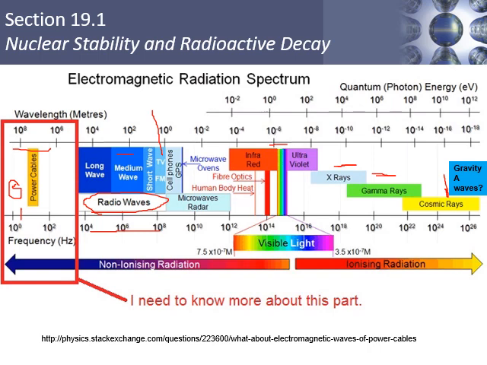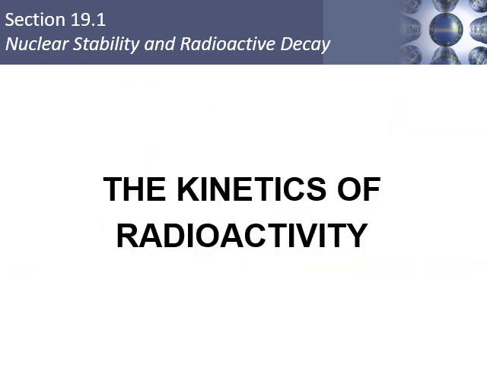The AC that's coming into your house comes off a transformer, off of a high power, high voltage line, and it's transformed down to 120 volts at 60 cycles per second. But that's another form of electromagnetic radiation. Okay, I need to move on. Let's go to the next slide.